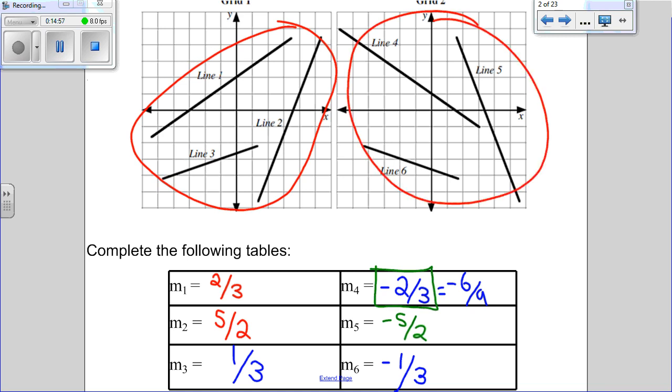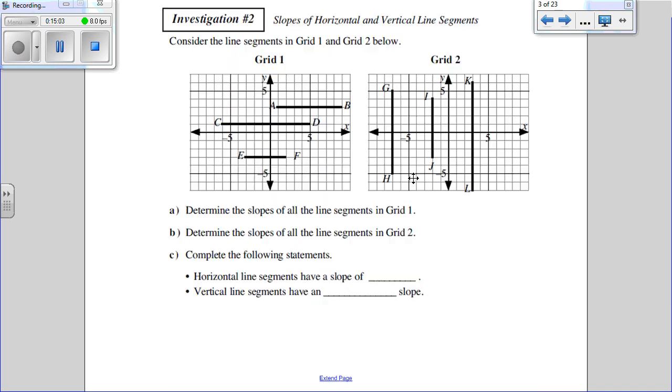There's two special cases. The special cases are horizontal and vertical lines. We're going to talk about their slopes. We're going to start with horizontal. We're going to start by trying to calculate the slope like we just did for the other questions. So if you look at this horizontal line AB, and I said calculate the slope. Well, the first thing you do is you pick two perfect points.